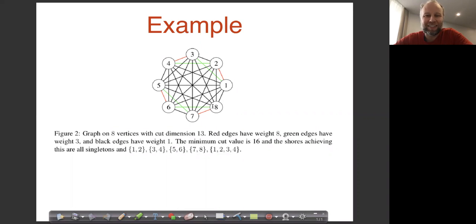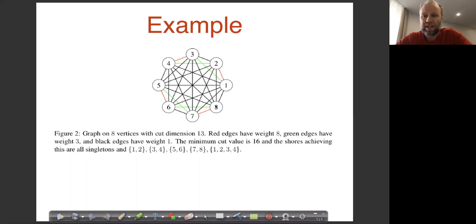So here's a bigger example: a graph on 8 vertices. Again, we start out with this laminar family of shores that we want to be the minimum cuts, and then we cook up the weights to make that happen. Here the red edges have weight 8, and you see that there's a perfect matching of the red edges.